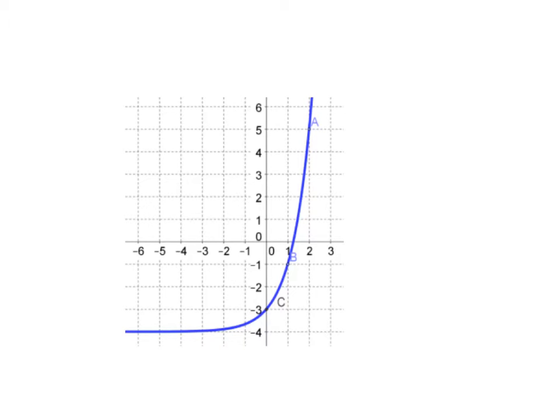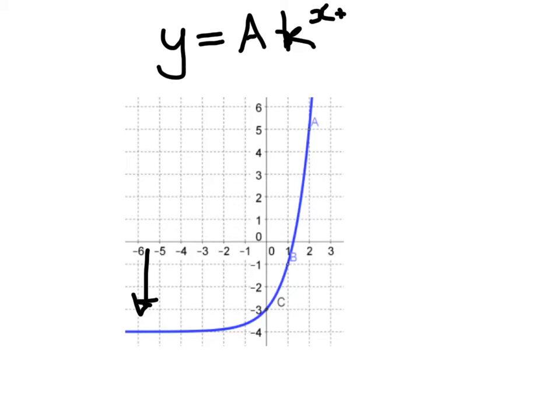So this one here looks like it's been shoved down, and it has. If we think about the most general form of an exponential graph, it's this. And just as in our easier graph patterns, this plus c term is looking at a vertical translation.